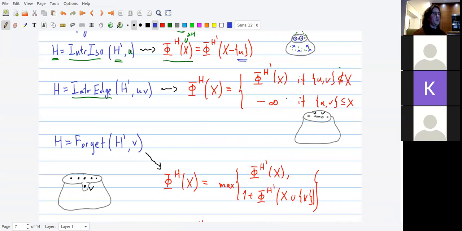Now what happens if I introduce a new edge, say an edge UV between two vertices? If both of these vertices are in my set X, so I decided to take both of them into the independent set, then it doesn't make sense, right? Because I would be forced to pick two adjacent vertices into the independent set. So I should put minus infinity, indicating that there is no extension at all, because whatever I pick from the rest of the graph, I will never get an independent set, since these two are already not independent.